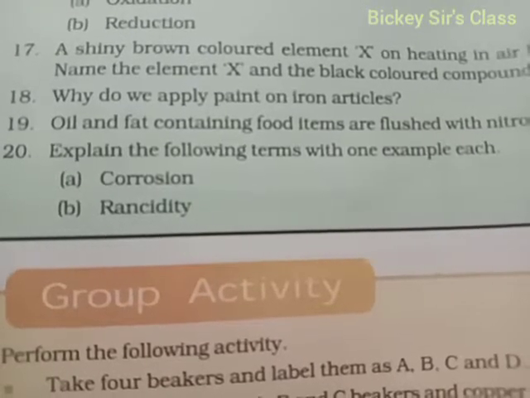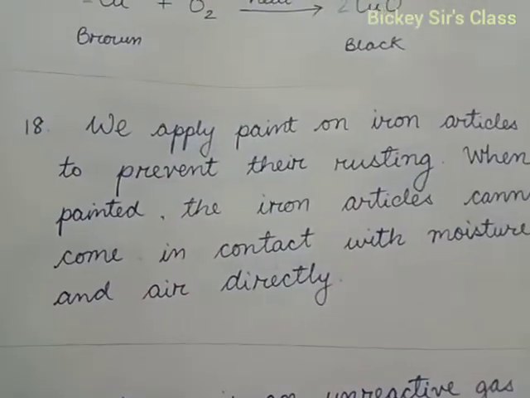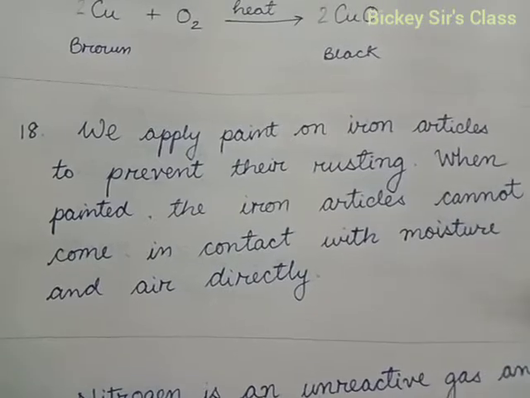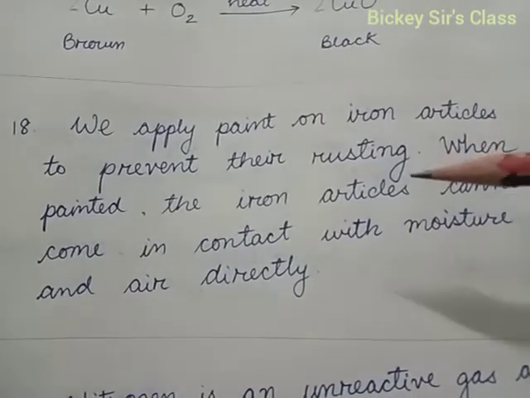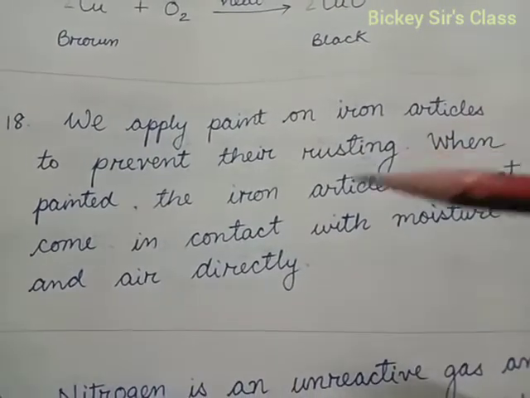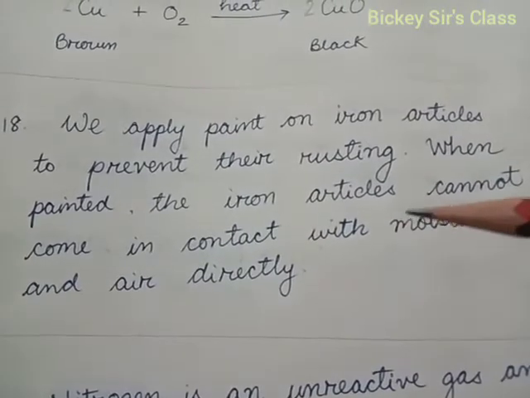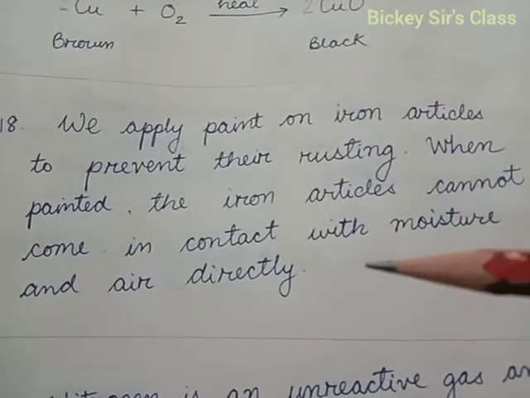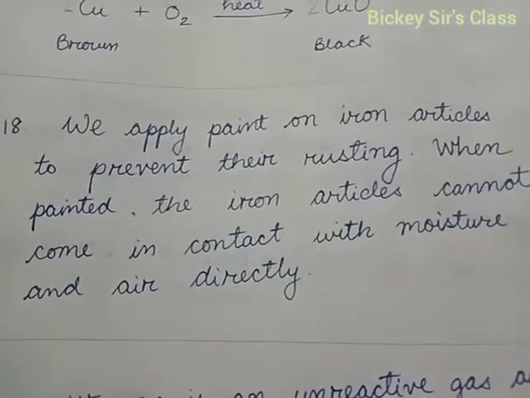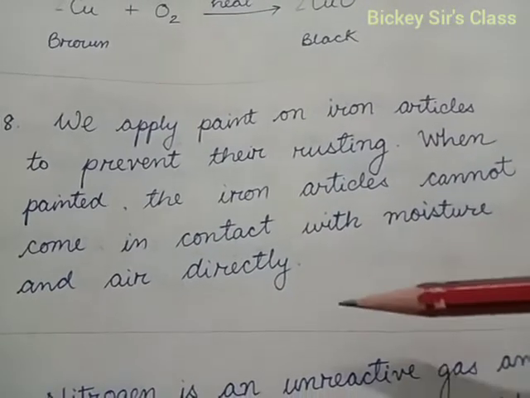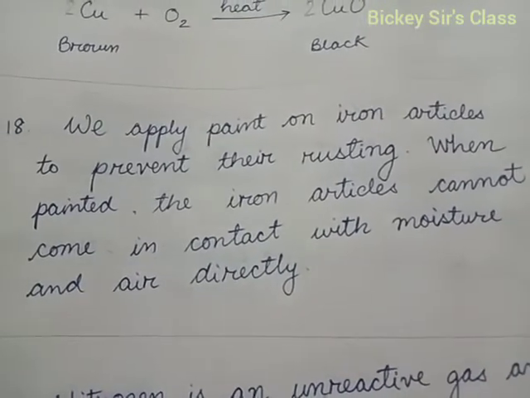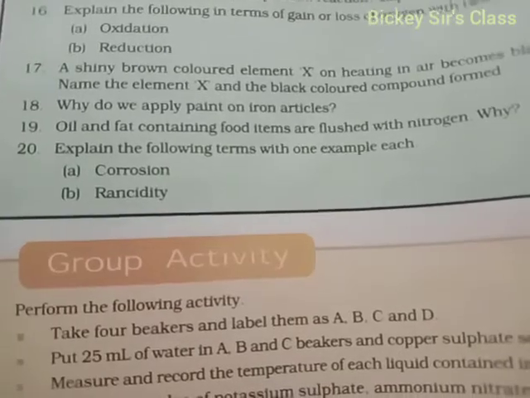So the answer to question number 18 is, we apply paint on iron articles to prevent their rusting. When painted, the iron articles cannot come in contact with moisture and air directly, and this helps in the prevention of rusting.